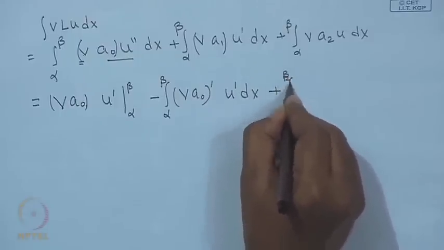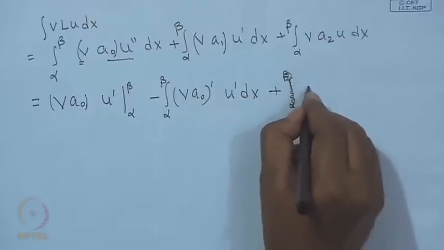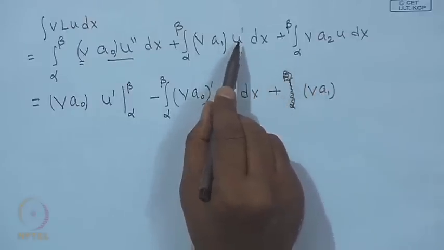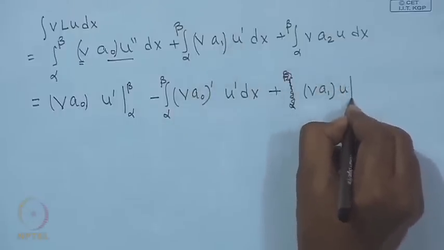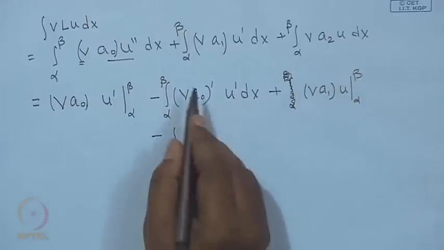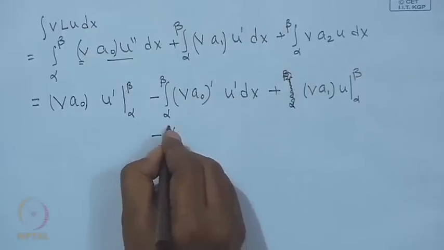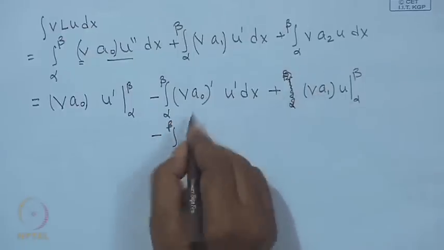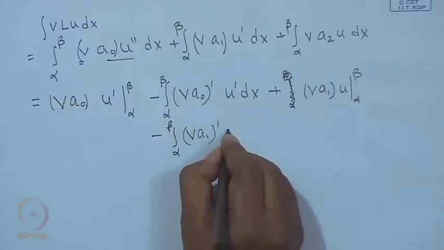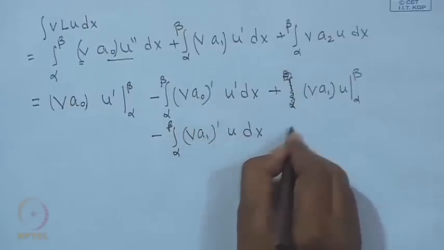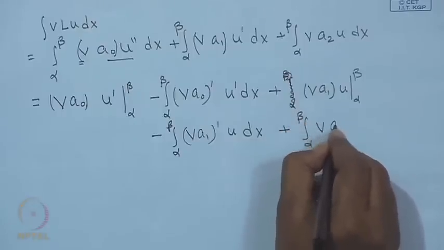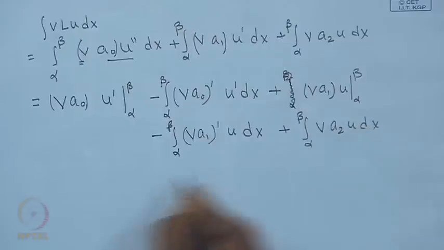The first function v a1 times the integration of the second function, which is u prime, so this becomes u, from alpha to beta, minus the integration from alpha to beta of the differential of the first function, (v a1) prime, times the integration of the second function, that is u dx, plus the integral from alpha to beta of v a2 u dx. Okay.